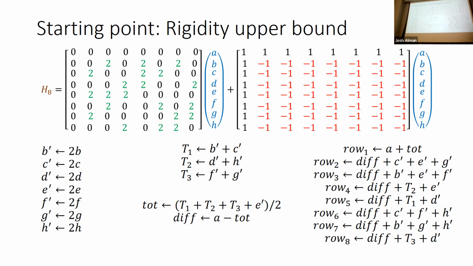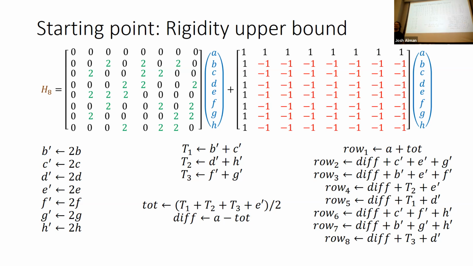Okay, let me do one more trick like this, which is to notice that over here we can also save a few operations. As an example, if you look in row 2 and row 3, both of them we could start by doing diff plus e prime. Here we can do diff plus e prime, here we can do diff plus e prime. I think there's a third one here where we can do diff plus e prime.